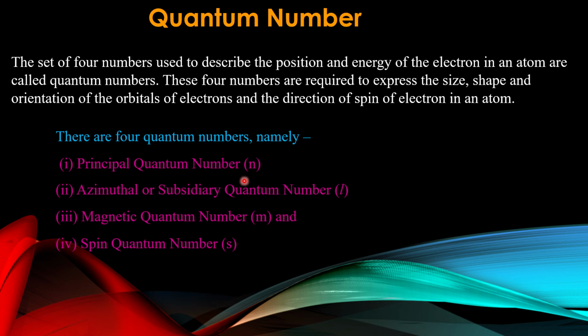You have remembered from principal quantum number we can know about the shell number of electron, and from subsidiary quantum number we can know about the type of subshell of electron. Today we will learn about magnetic quantum number and spin quantum number.